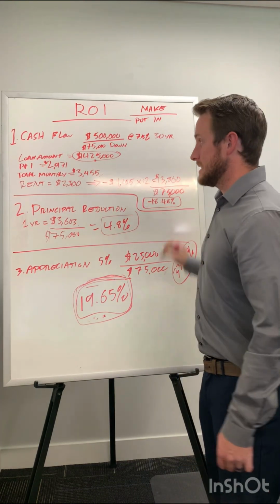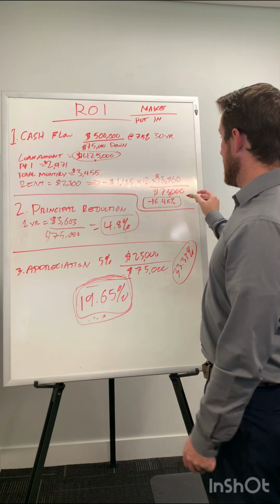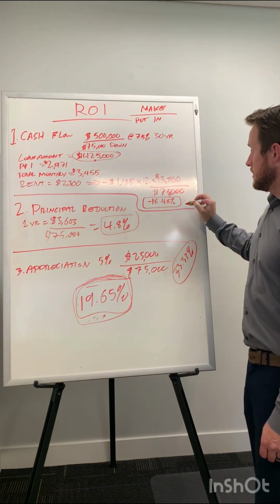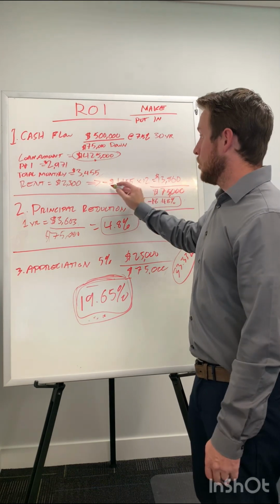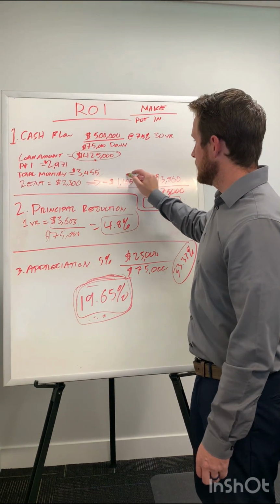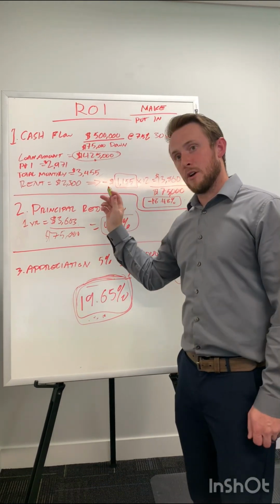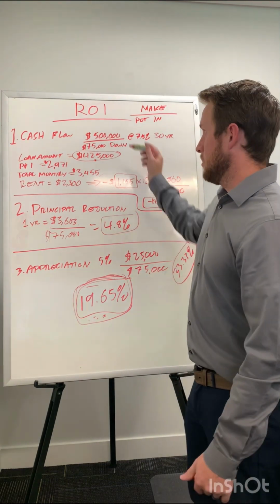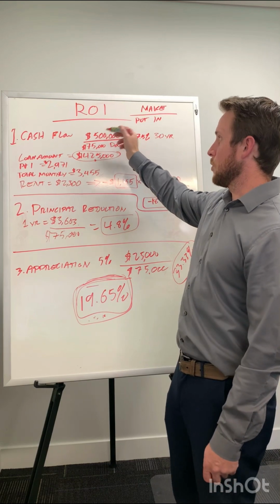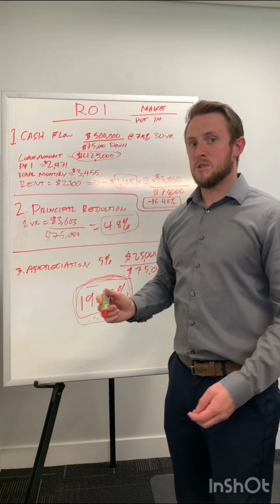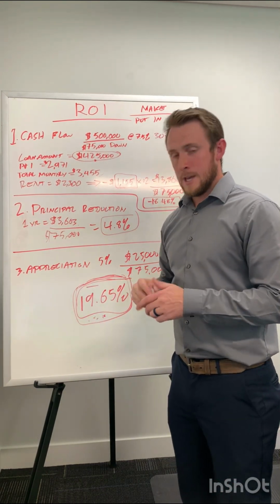Now, if that makes sense to you and you can get past this negative cash flow, and if you're able to subsidize that extra $1,200 a month or whatever it is, maybe you buy a smaller house, $300,000 or $400,000, and you only have to subsidize $500 or $600 a month.